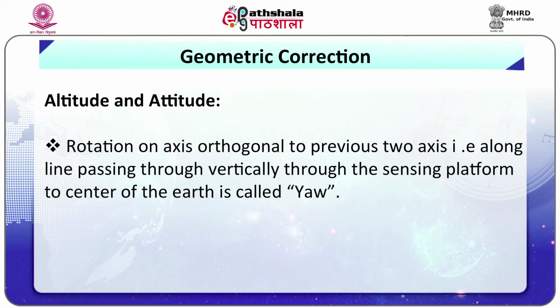Rotation on the axis orthogonal to the previous two axes, that is, along the line passing vertically through the sensing platform to the center of the earth, is called yaw, as shown in figure 16.